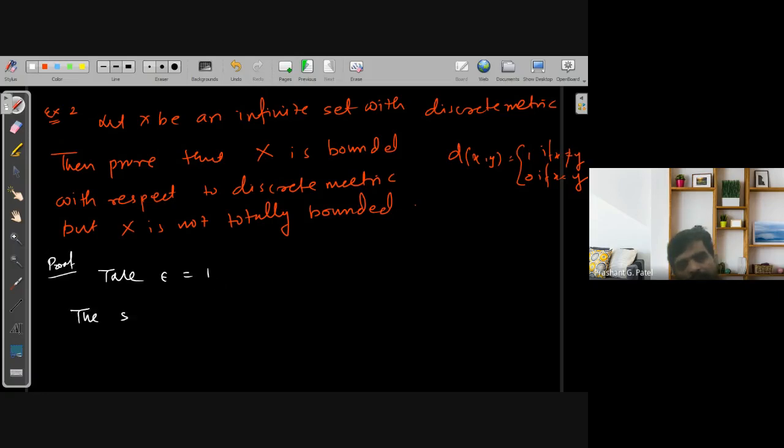Then the set S(1/2, x), this is the open sphere, is the set of all y such that the distance between x and y is less than 1/2. According to the definition, if x is not equal to y, the distance has to be 1, or 0 otherwise. Since this radius is less than 1/2, only one possibility is left, that the distance has to be 0, so x is equal to y. So only the center will be there.